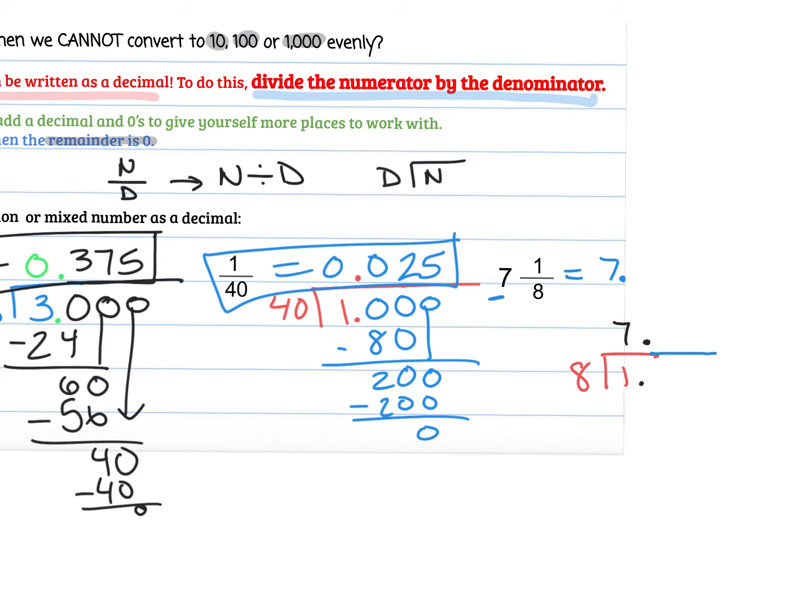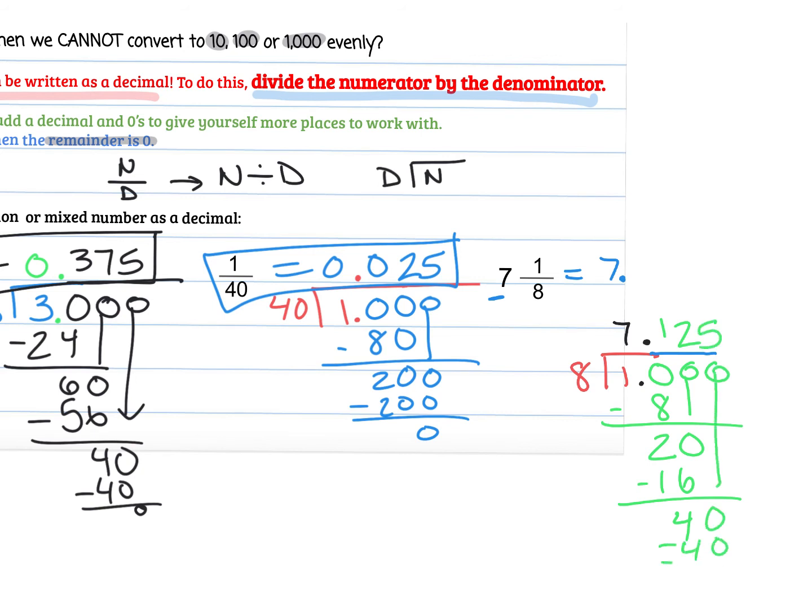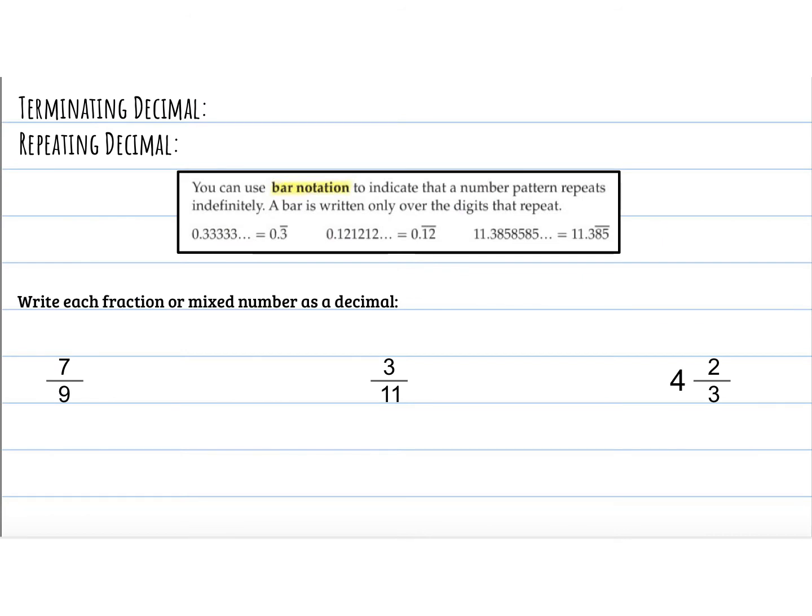I know that it doesn't go into 1, so that's a 0, but our 7 whole number is there. 8 goes into 10 1 time for 8 with 2 left over. 8 goes into 20 2 times for 16, 4 left over. And 8 goes into 40 5 times with none left over. Remainder 0. I've completed it. 7 1/8 is equal to 7.125, 125 thousandths.